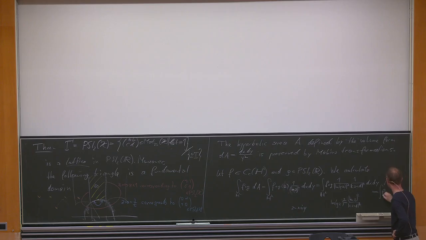This is the integral of f, and then 1 over the absolute value squared of the imaginary part of my new z prime, after the substitution, which is the function that I see here. This is of z prime, and this is dx prime dy prime. And the claim is that this expression here is the Jacobian.